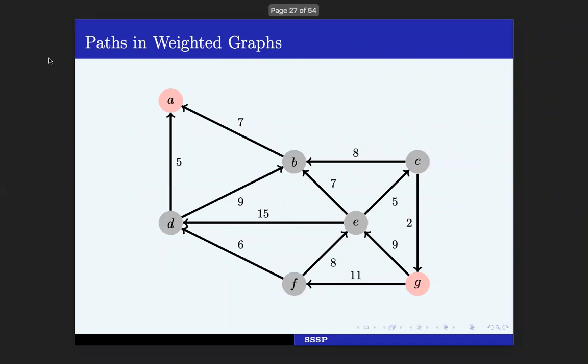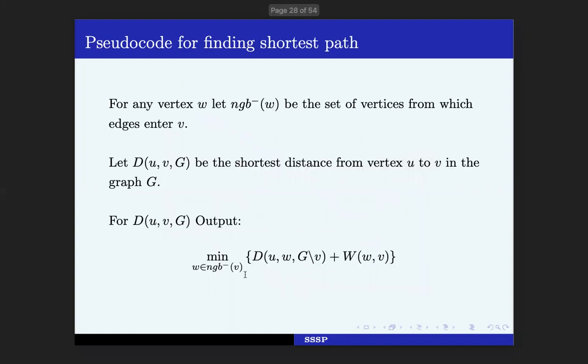You want to find the shortest path between G and A. One way to do it is the recurrence: you want to find the shortest path between U and V in G. You look at all the W's from which there are edges to V, look at the shortest path between U and W in G minus V, and take the minimum of that. This is exactly the recurrence that we were dealing with.